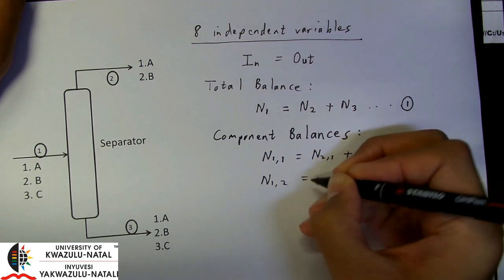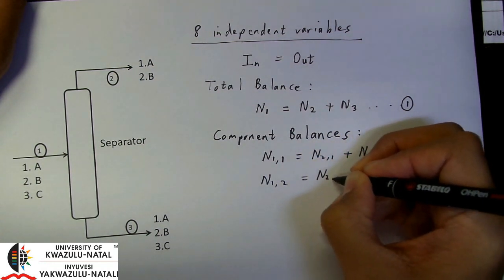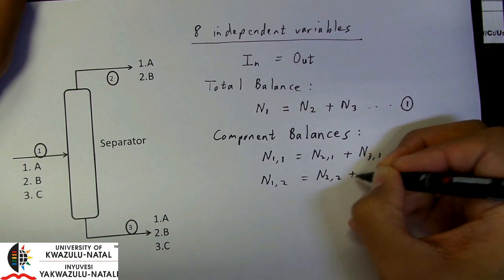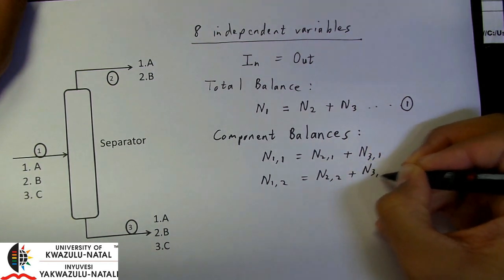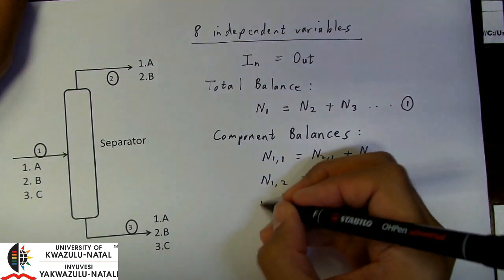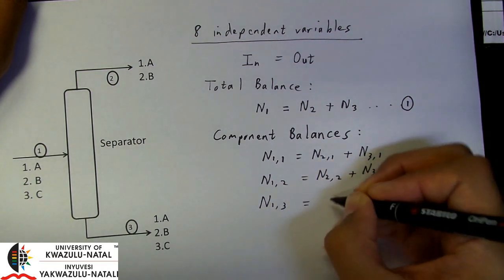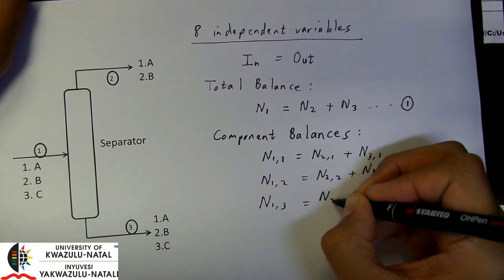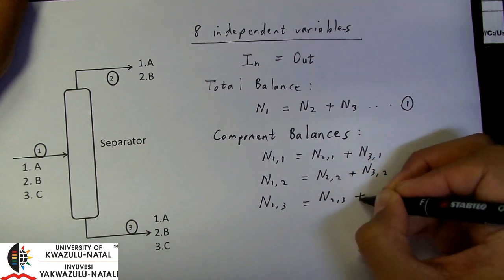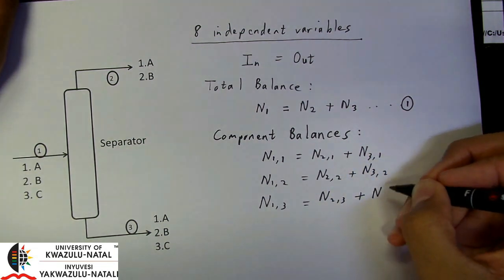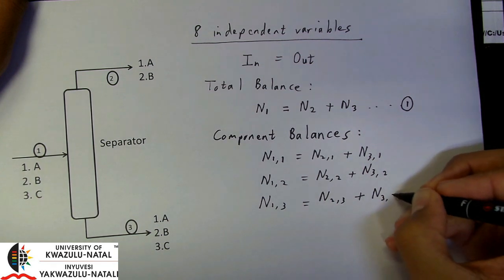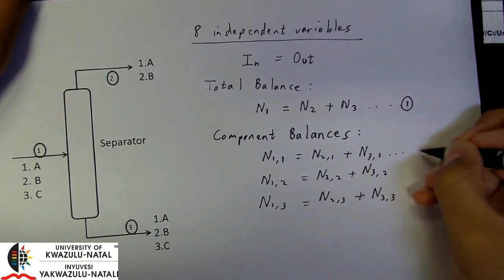And we can continue our component balances for the other components. That's for component 2, and finally for component 3.